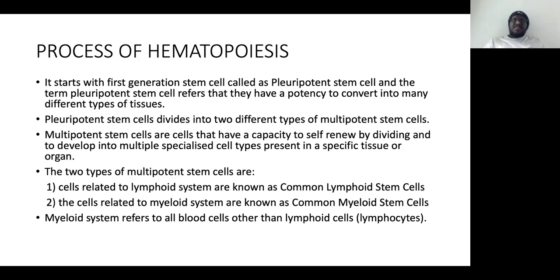Multipotent stem cells are cells that have a capacity to self-renew by dividing and develop into multiple specialized cell types present in a specific tissue or organ. The two types of multipotent stem cells are the cells related to the lymphoid system, known as common lymphoid stem cells, and the cells related to the myeloid system, known as common myeloid stem cells. Myeloid system refers to all blood cells other than lymphoid cells. We call these lymphocytes, okay?